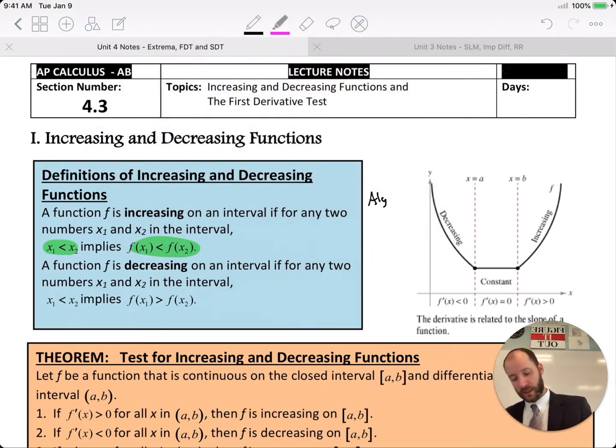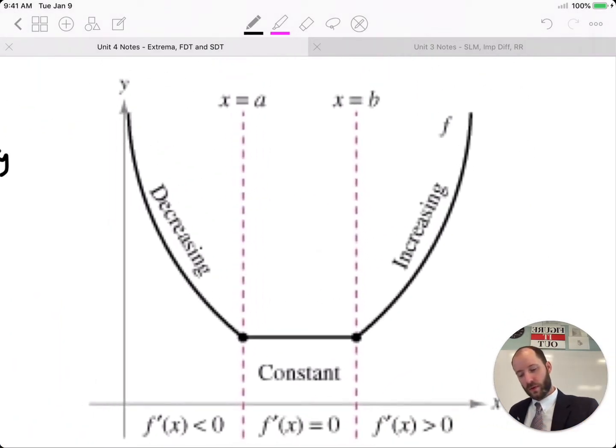Decreasing, the opposite. So lesser than greater implies greater than lesser. So as you go left to right, your y values go down, they decrease. Now, this definition leaves itself open to a little bit of ambiguity, I think, because a value where the behavior changes, like this point right here, that point is the right endpoint of a decreasing interval.